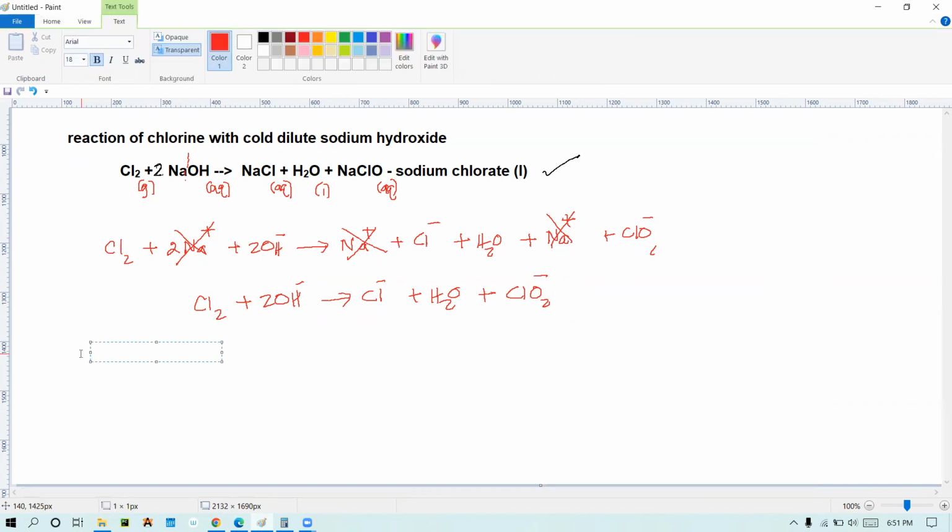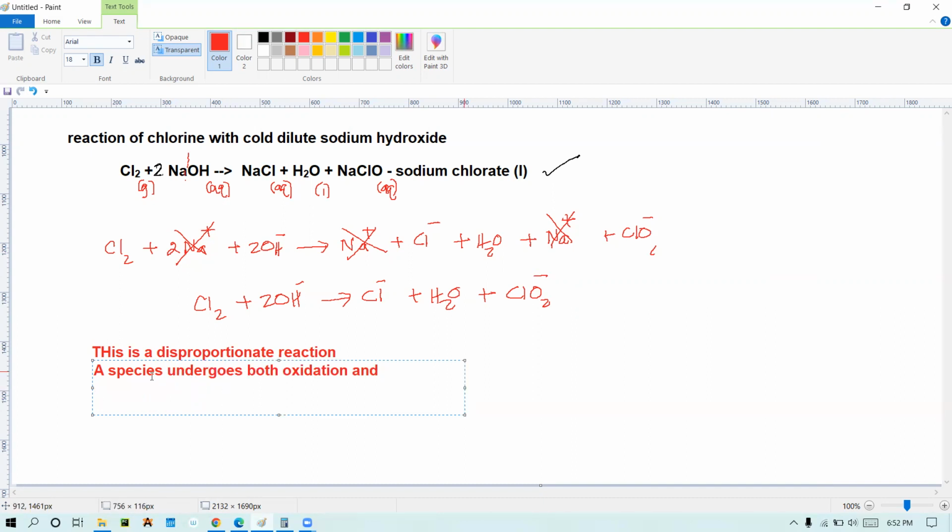This is a special type of reaction called a disproportionation reaction. What's a disproportionation reaction?